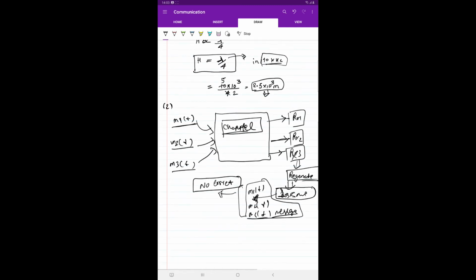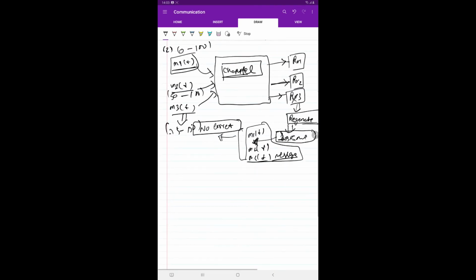So due to this we need modulation. Suppose M1 has frequency from 0 to 100, M2 has 50 to 150, and M3 has frequency from 75 to 150, on an axis of 0, 50, 100, 150, 200.